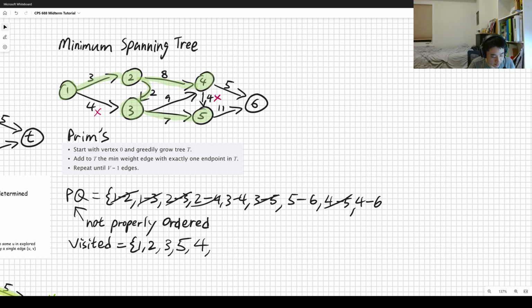Okay, what's next? From 4 to 6. So let's take a look at 4 to 6. The undo button is not working, by the way. So from 4 to 6, we will take this because there are no cycles being made here. And number 6 is going to be visited.